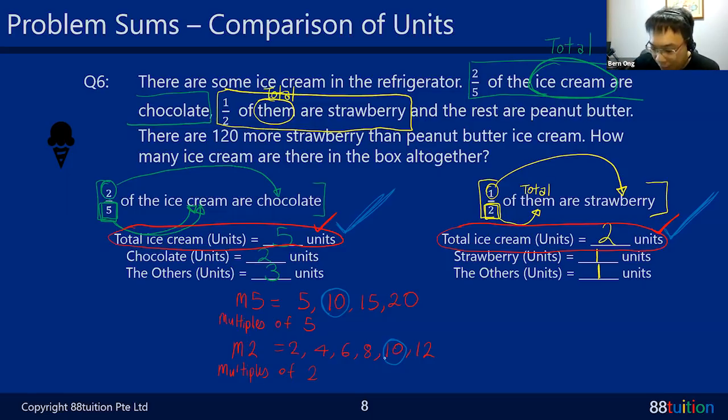For instance, for the 2 units here, I want to make it a 10, so I times 5. My fraction 1/2, the denominator I times 5, so the numerator I also need to times 5. You can adjust fractions up and down. So 1 times 5 is 5, and 2 times 5 is 10. Sometimes the question gives you 5/10, then they say give it in the simplest form.